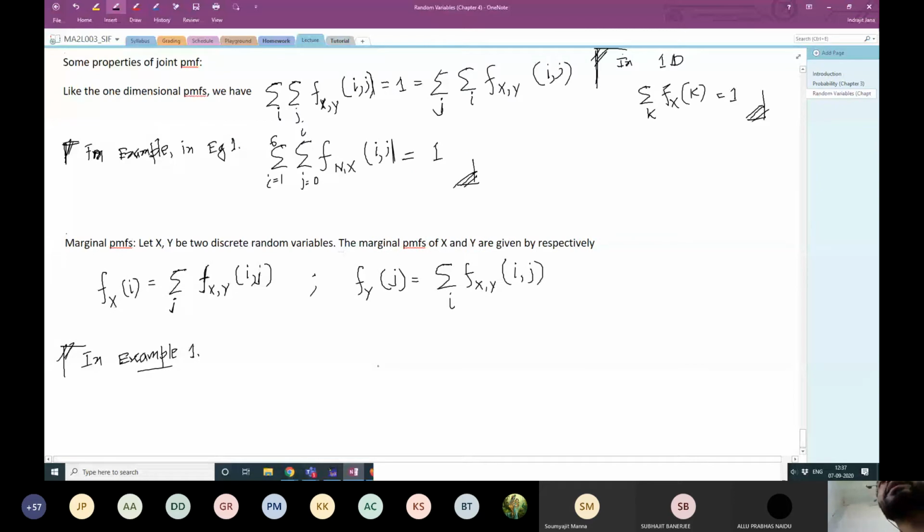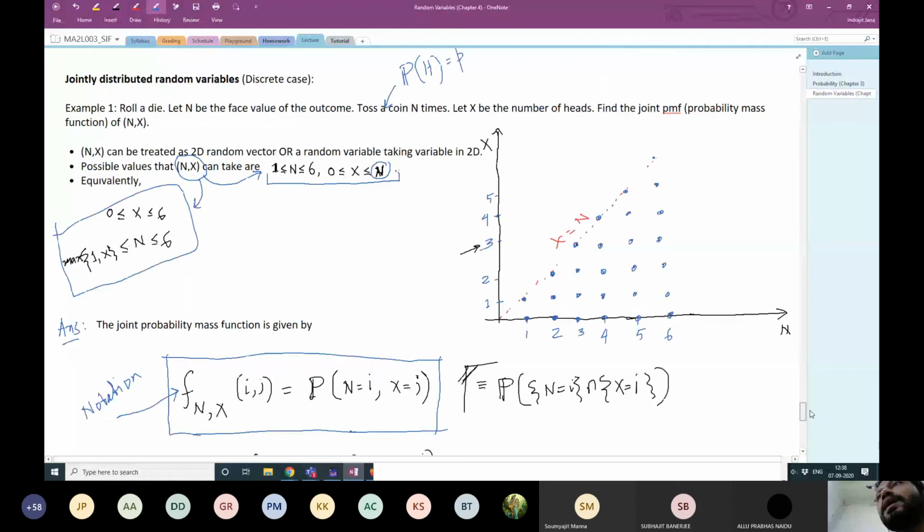Joint probability mass functions are indexed by two indices, i and j, since there are two random variables. If you sum over one random variable, what you get is the marginal of the other random variable. Essentially, it is like a row sum and column sum of tables. It's a very simple concept.